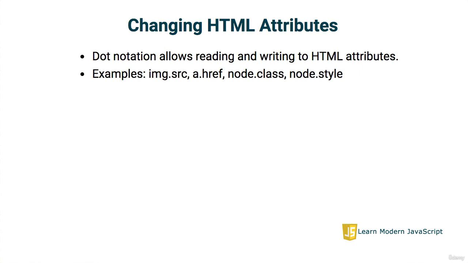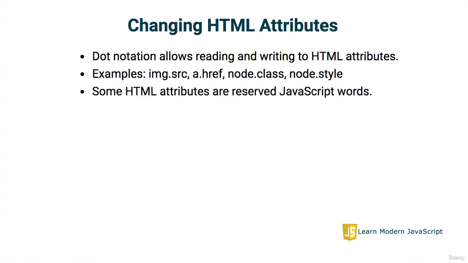Now with the style, it in and of itself consists of multiple attributes that we can change. Therefore, we grab the node, dot style, then dot the CSS attribute that we want to change. So those are some examples that we've already done.